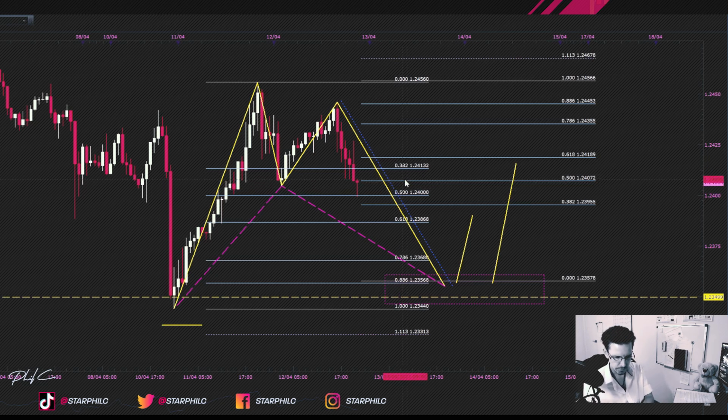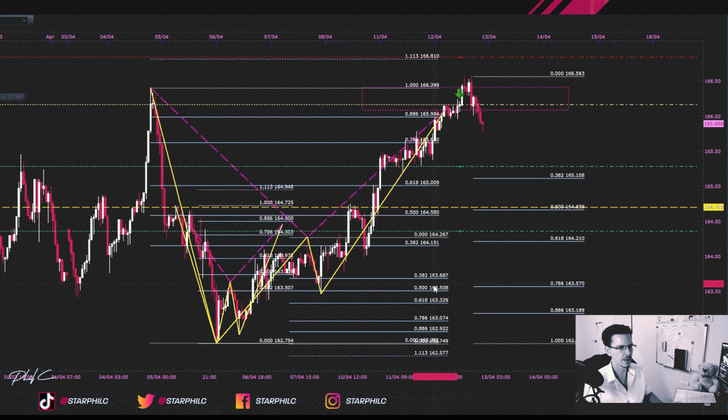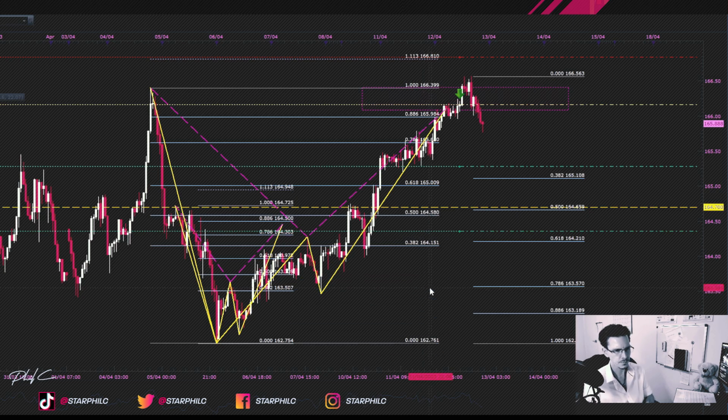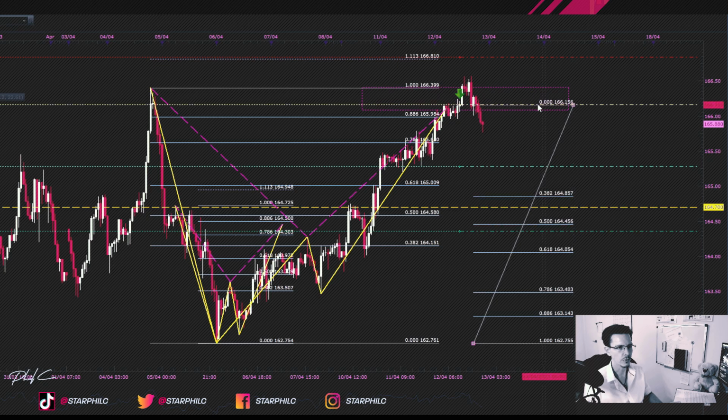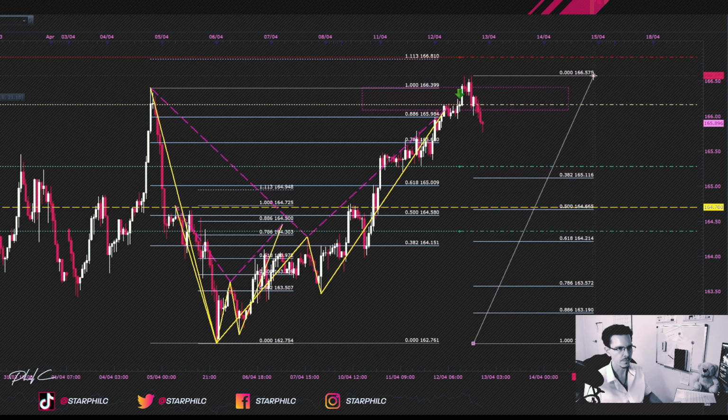What else do I have? Short pound yen. Pound yen currently short in the form of a bat right here. As I say in previous videos, as price action presses up, we want to take our Fibonacci retracement and then roll our targets like that. Of course, you know why? Because we always need to be measuring.